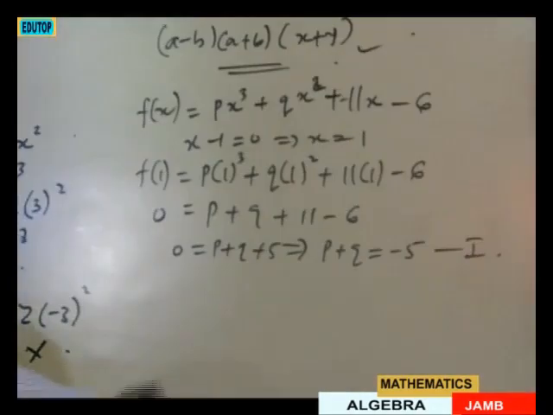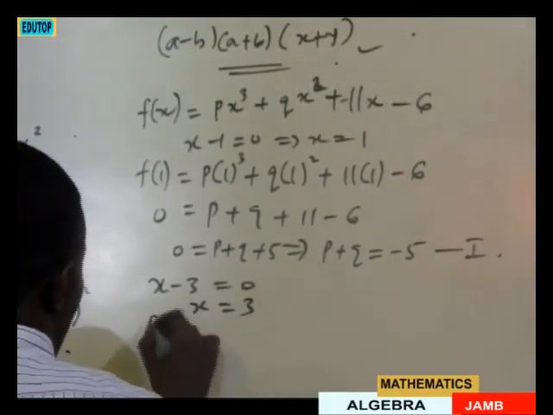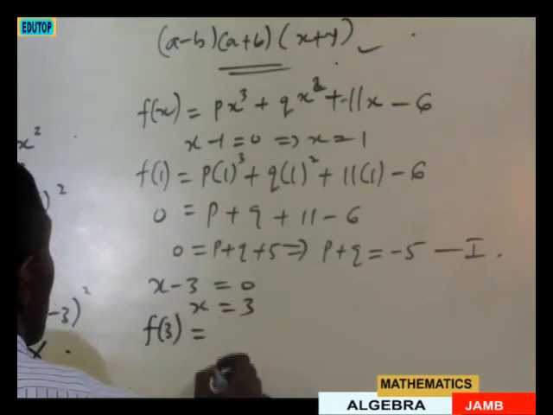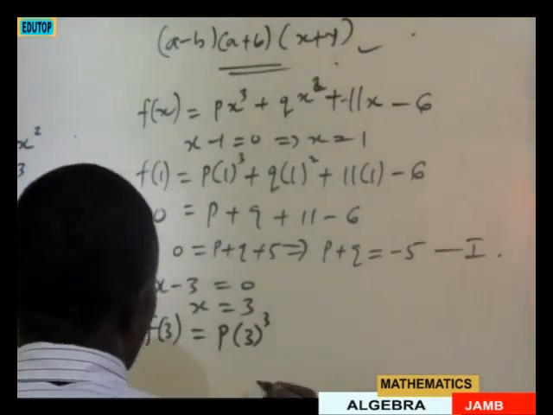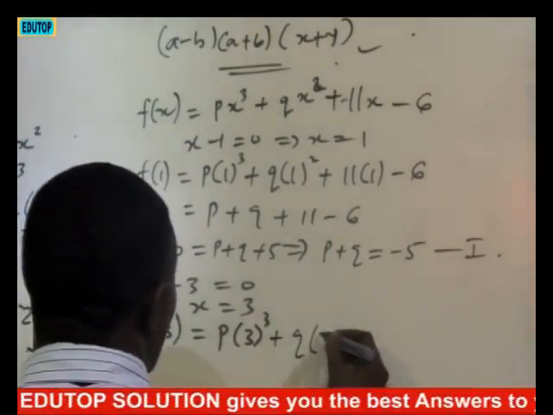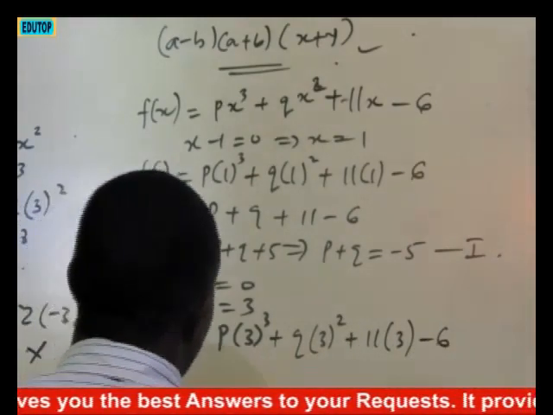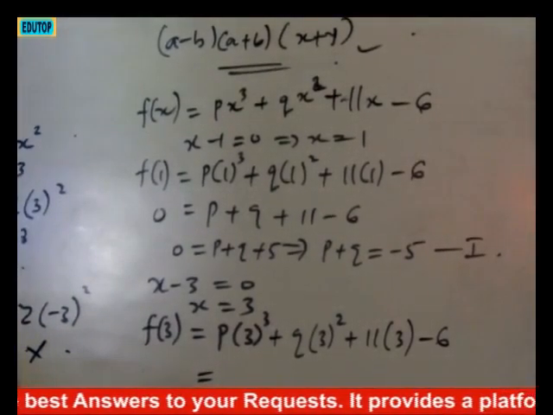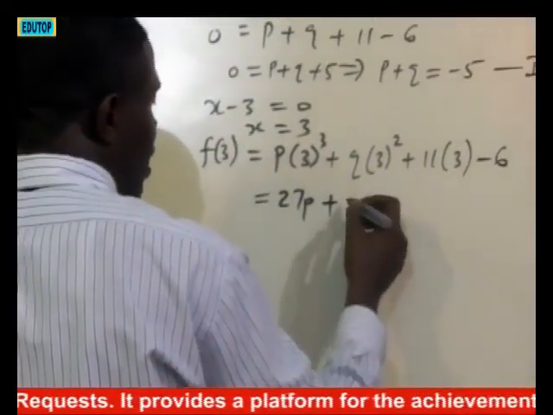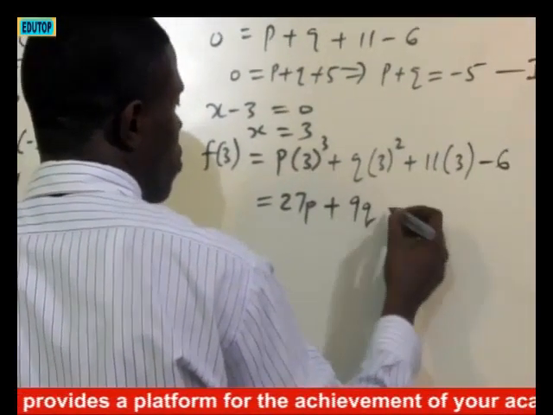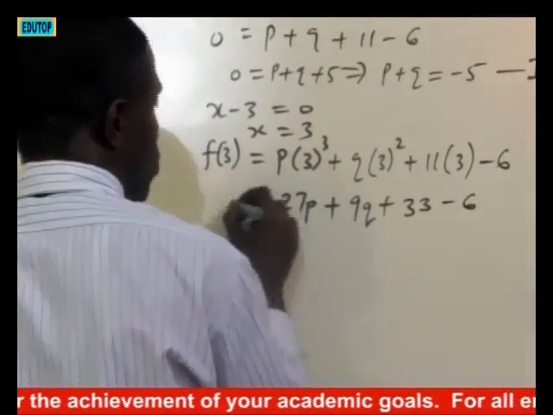Also, x minus 3 is a factor, which means x minus 3 equals to 0, then x equals to 3. That means f of 3 will be p into 3 raised to the power 3 plus q into 3 squared plus 11 into 3 minus 6. Anywhere I see x, I will replace with 3 this time around. So what's 3 raised to the power 3? That's 27, so this one becomes 27p. Plus 3 squared, 9, 9 times q, 9q. 11 times 3 is 33, minus 6 equals to 0.